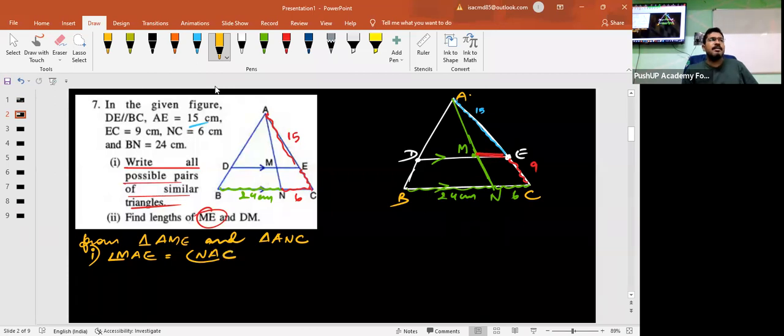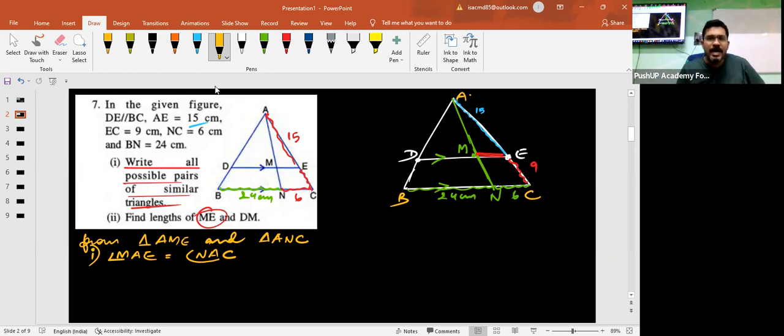Why am I writing it like this? So that I can use all the three vertices for a given angle. You remember, children, I told you when you are writing the angle, you shouldn't use only one single letter. You should use three letters so that the angle is written in a proper order.